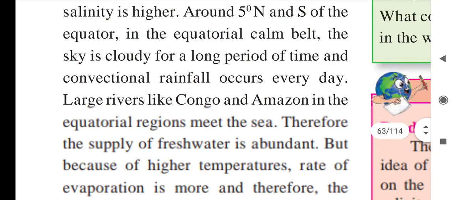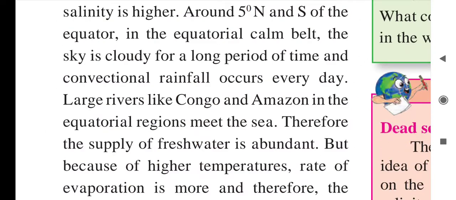So what is said here? Here it is said that the equatorial calm belt means 5 degrees north and 5 degrees south of the equator. We have to take that belt. If we talk about that belt, we will find that in equatorial areas there is daily rainfall. Then how is salinity increasing? Because of the high temperature.